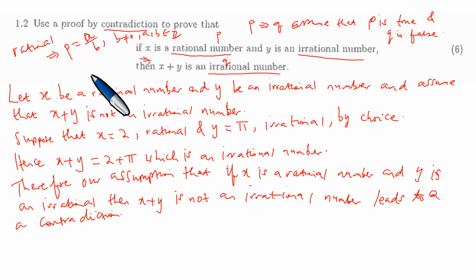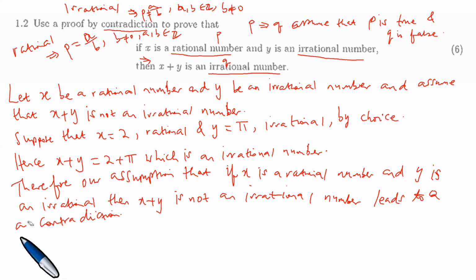Irrational means we can't write it in the form a over b. So this is the essence of irrationality and rationality.